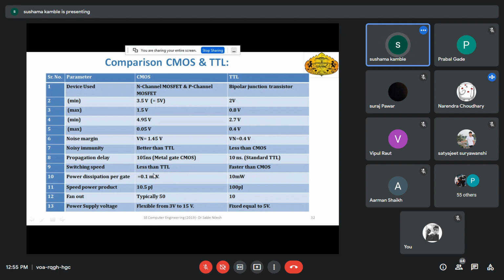CMOS is less than TTL. So the propagation delay is 105 nanosecond, and for bipolar it is 10 nanosecond.